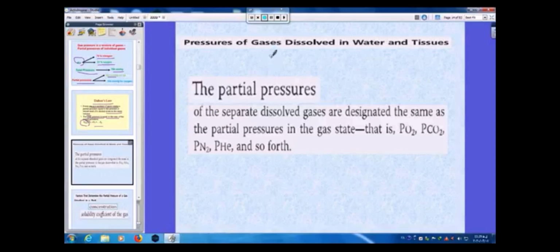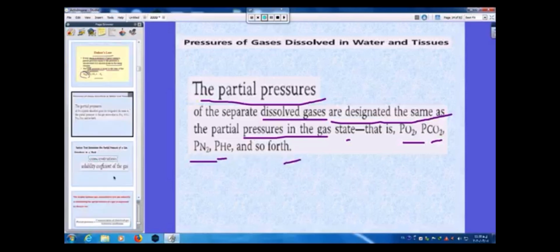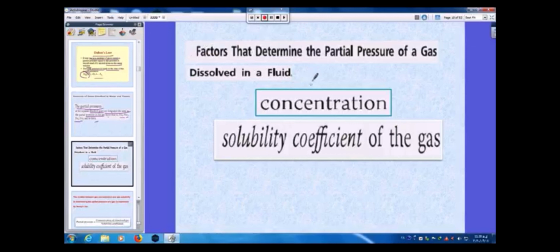The pressures of gases dissolved in water and tissue are the same as in the gas phase. The partial pressures of the separate dissolved gases are designated the same as the partial pressures in the gas state: PO2, PCO2, PN2, P helium, and so forth. What are the factors that determine the partial pressure of a gas dissolved in a fluid?